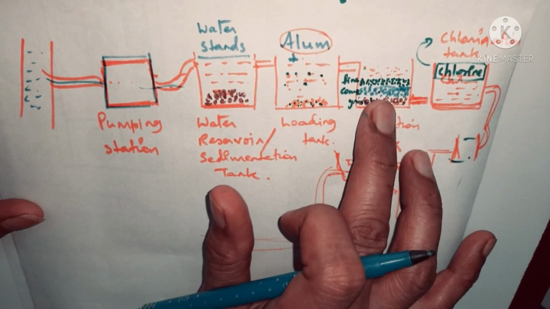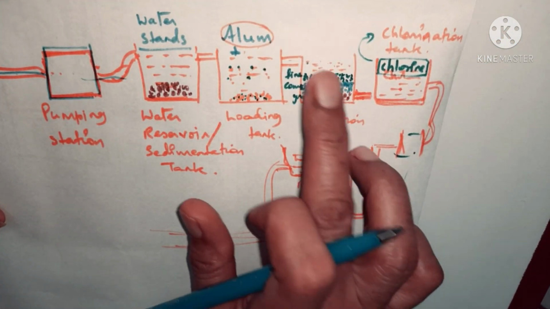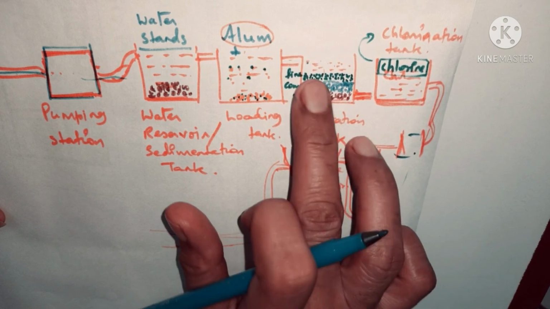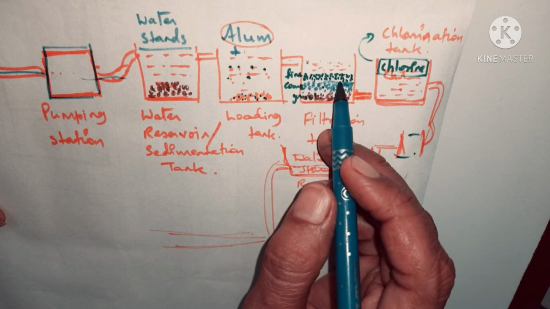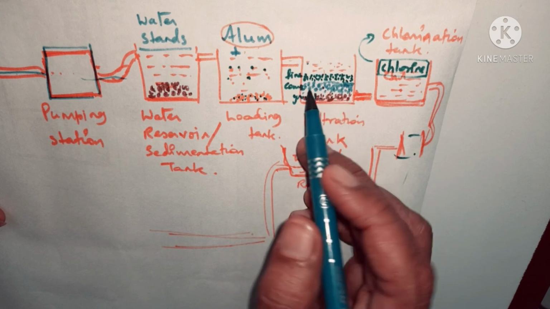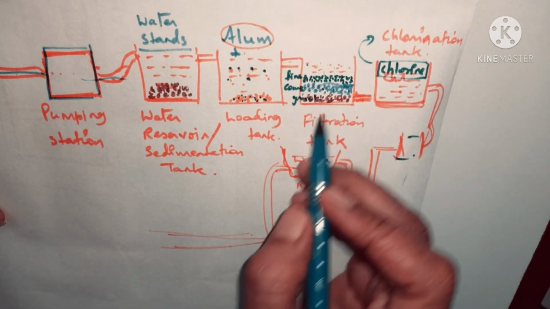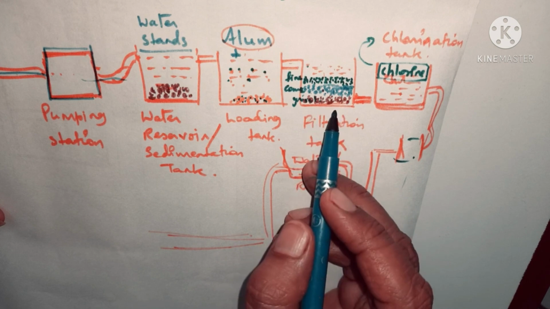Then it is allowed to pass through another filtration tank where a bed of three layers is made: a very fine layer of sand particles on the very top, then coarse sand particles or even charcoal, and gravel at the bottom.